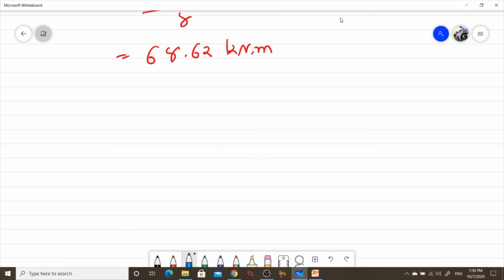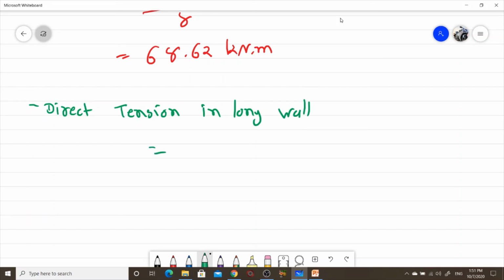Right now we need the direct tension. We have to calculate the direct tension in the long wall. So P into B by 2.